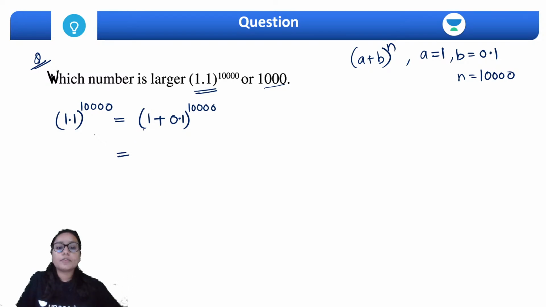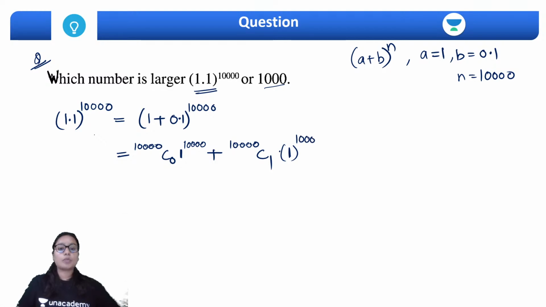The first term will be 10,000 C0 into 1 raised to the power 10,000, plus the next term will be 10,000 C1 into 1 raised to the power 10,000 minus 1.